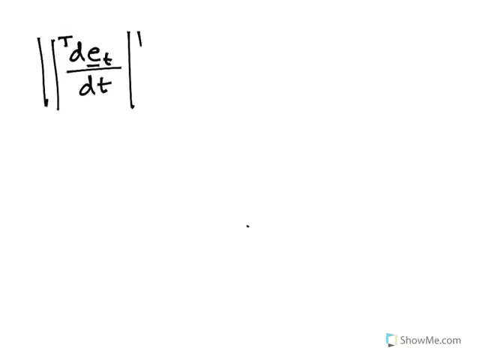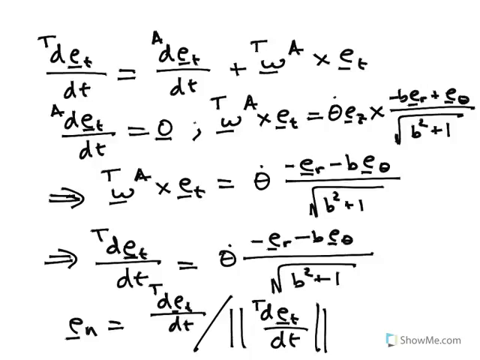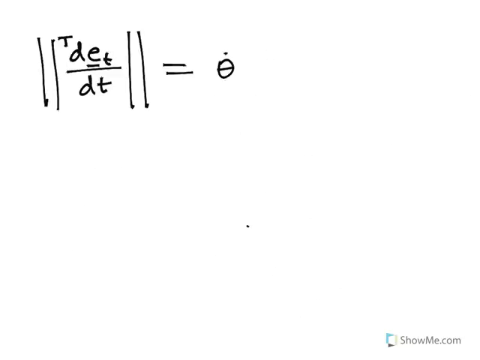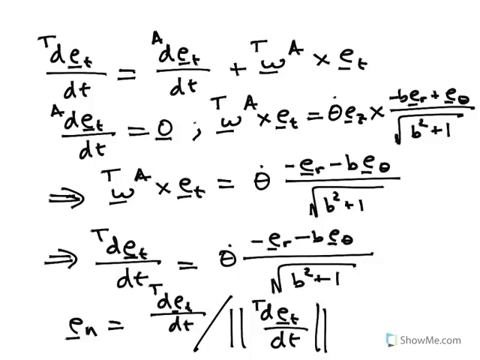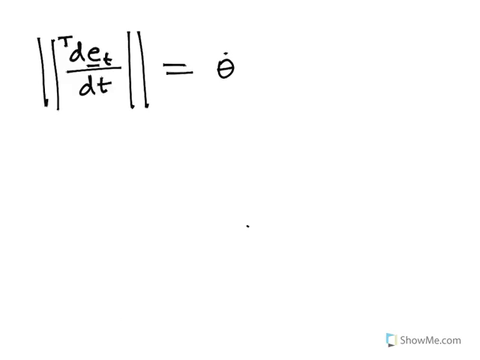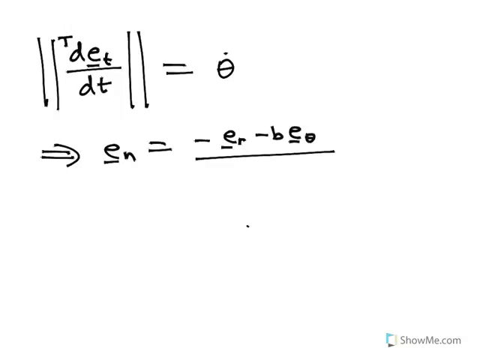It's equal to theta dot times whatever the magnitude is of the vector that's multiplying theta dot. The magnitude of the numerator is the square root of b squared plus 1, and the denominator is the square root of b squared plus 1, so that just gives me 1. So this is equal to theta dot, which tells me that the principal unit normal is equal to minus ER minus b E theta, all divided by the square root of b squared plus 1.